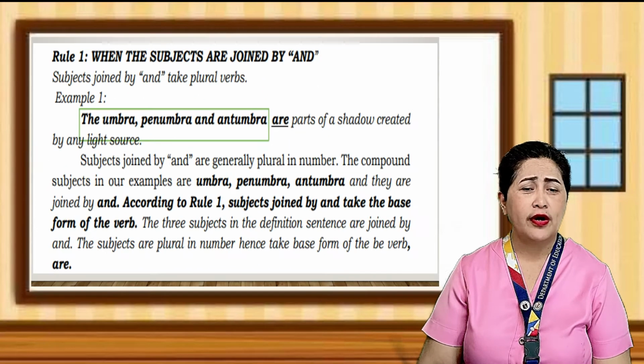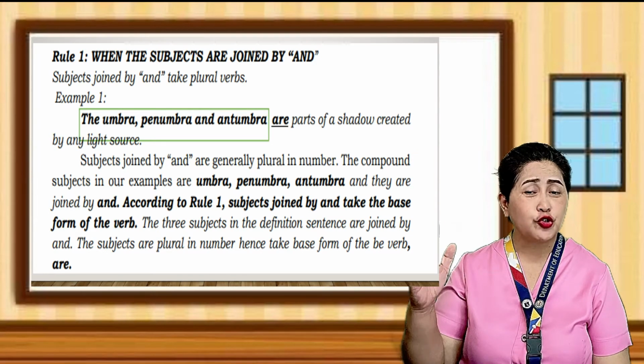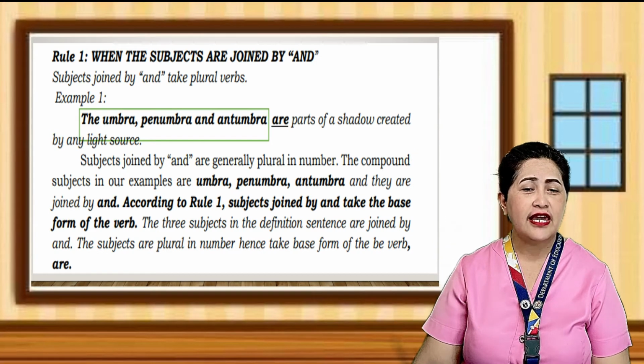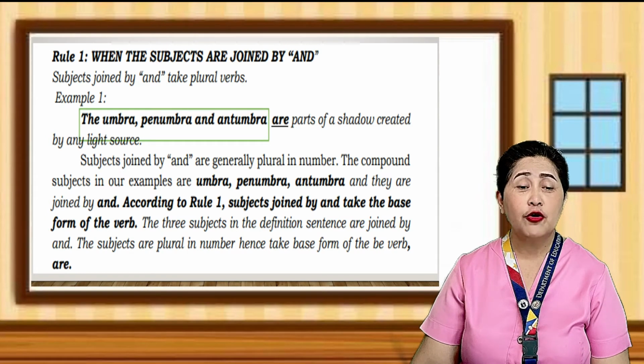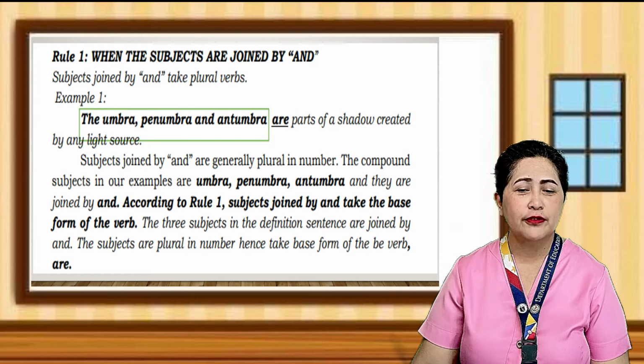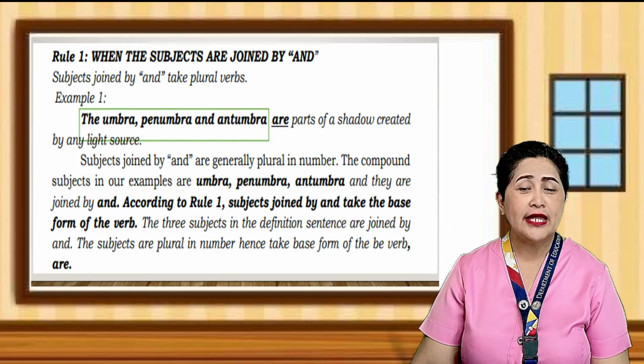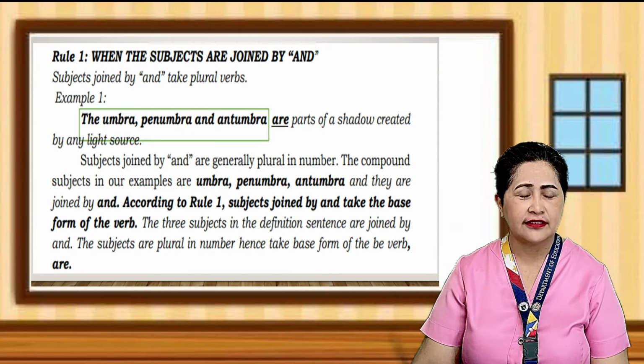In rule number 1, when the subjects are joined by and, it takes plural verbs, like: the umbra, penumbra, and antumbra are parts of a shadow created by any light source. Subjects joined by and are generally plural in number. The compound subjects in our examples are umbra, penumbra, antumbra, and they are joined by and.